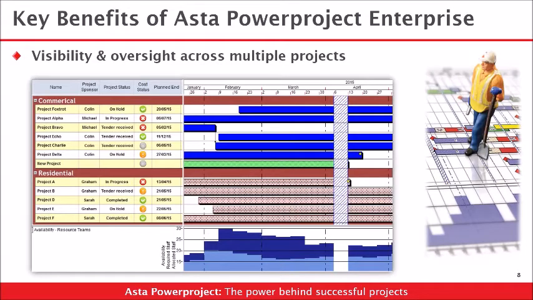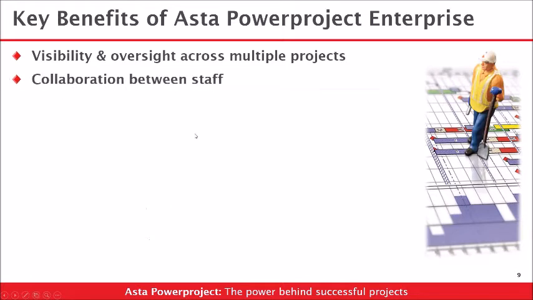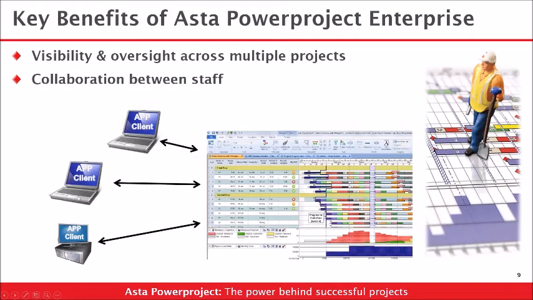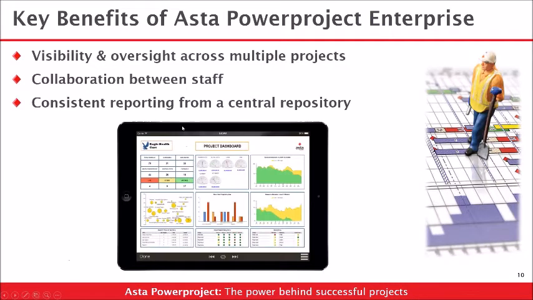The advantages you have with enterprise are visibility across all projects, and as you can see here, I have my commercial and residential projects, and even a histogram of usage across those. We also have, as I said before, multiple clients and users accessing the one system at the same time, and consistent reporting from the central repository, for example business intelligence.